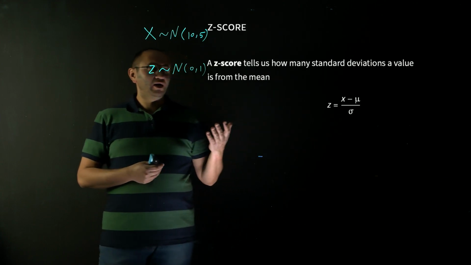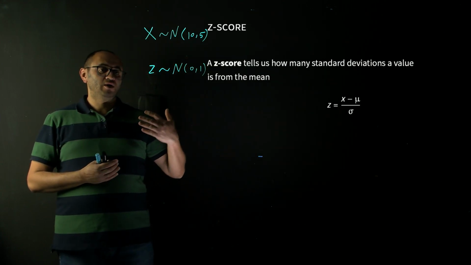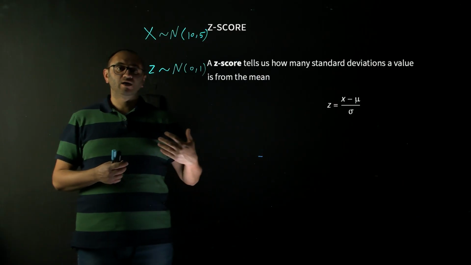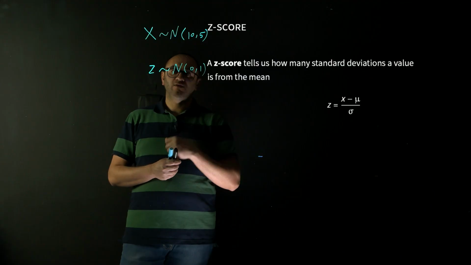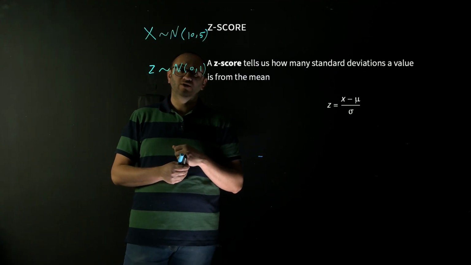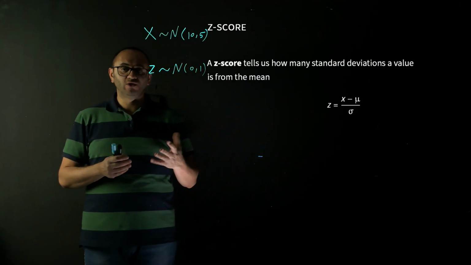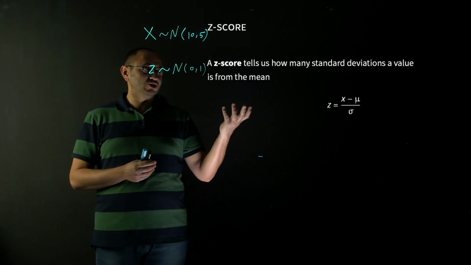All right, now, as I mentioned, any normal distribution can be converted to a standard normal distribution to get mean 0 and standard deviation 1. So to do that, we have to use the Z-score.